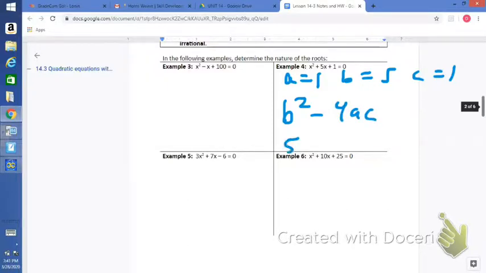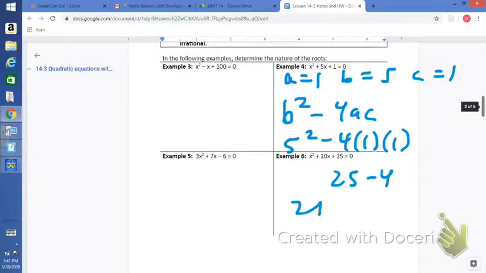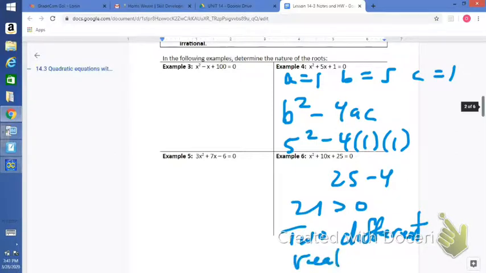So you're going to have 5 squared minus 4 times 1 times 1. So 25 minus 4, that gives you 21. 21 is greater than 0. So you're going to have two different real roots.